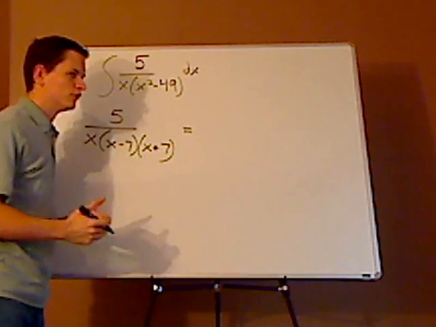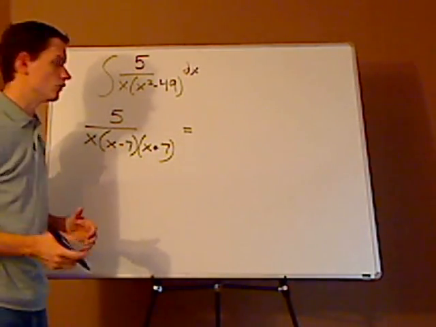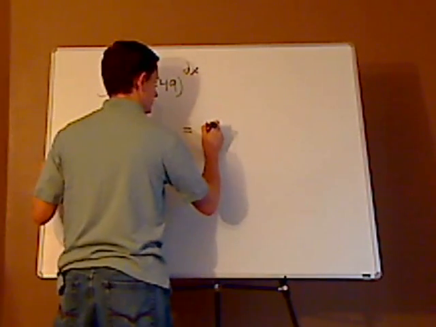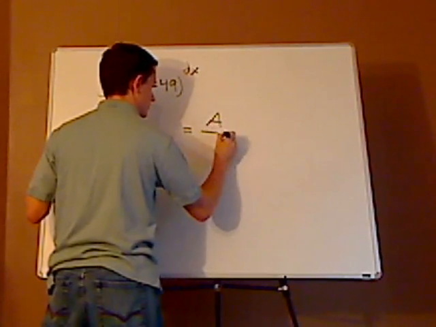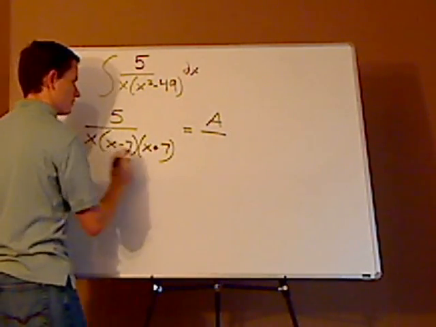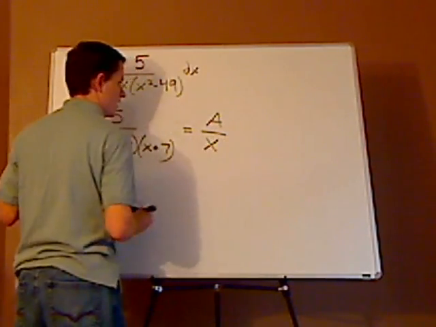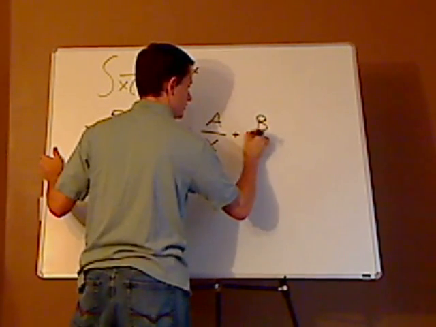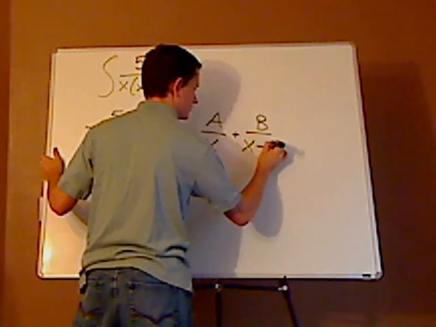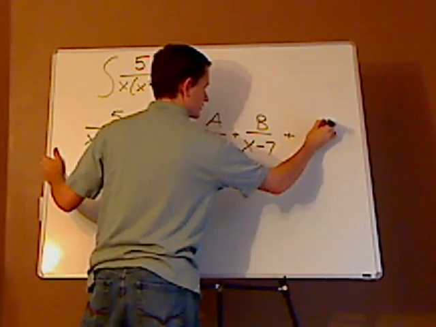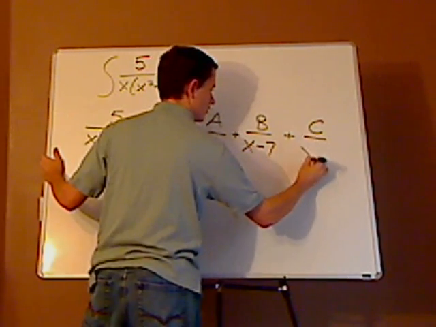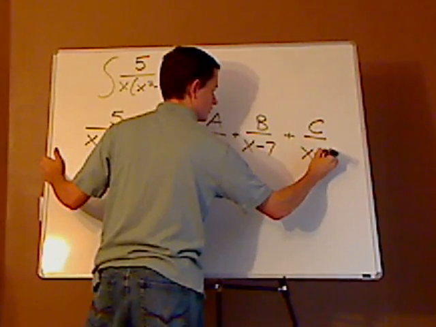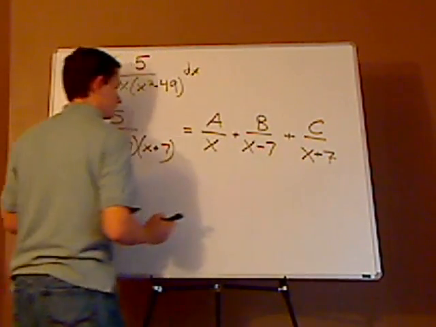And since we're doing fractional decomposition, you separate the factors. So you have A over x plus B over x minus 7 plus C over x plus 7.